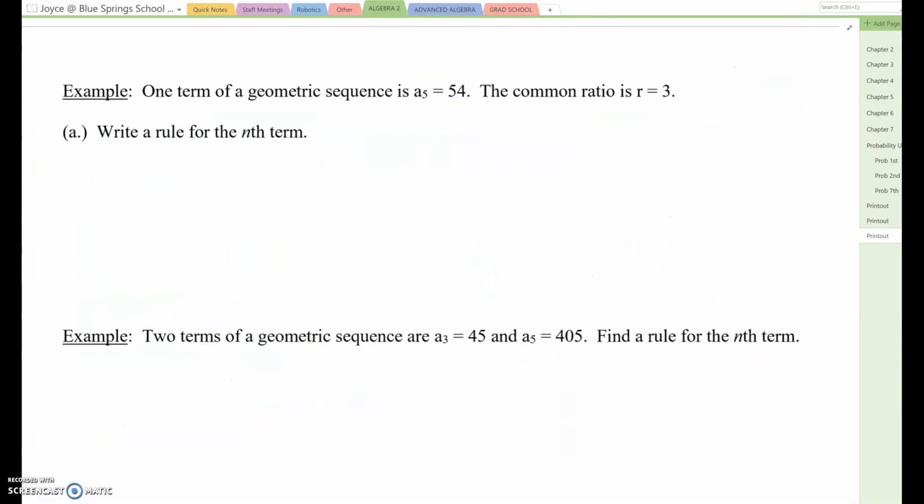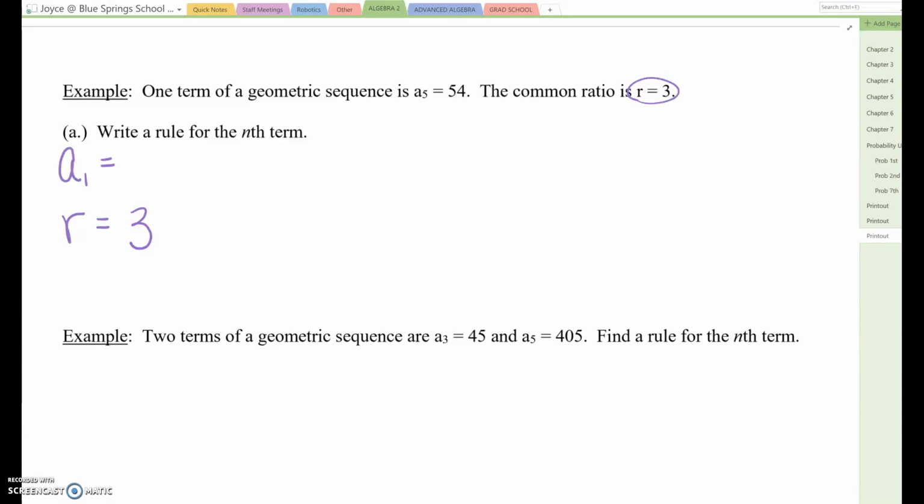To write the rule for the nth term, you must have your first term and your common ratio. This problem tells us that the common ratio is 3. It does not tell us what the first term is. So we're going to have to do a little bit of work to go backwards and figure out the first term.